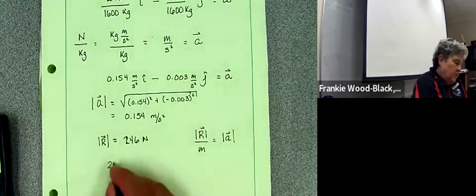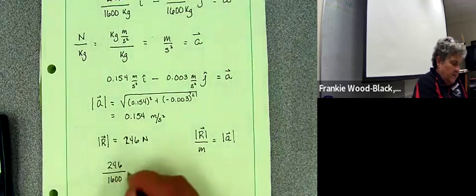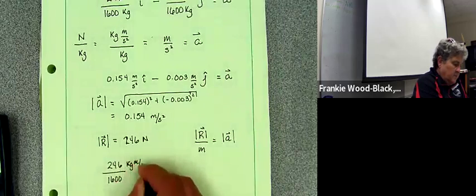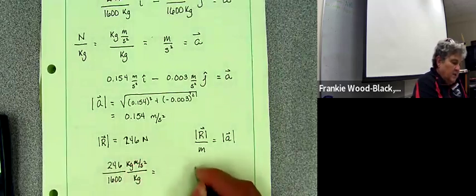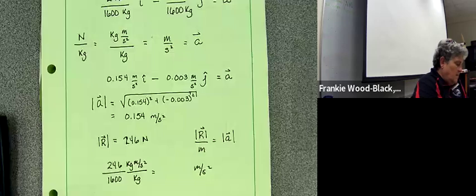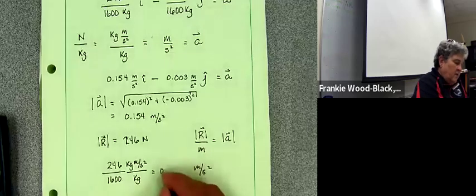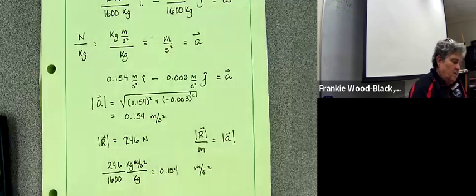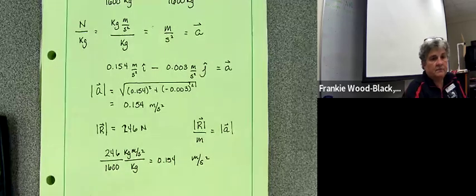That's 246 divided by 1600. Newtons, which are kilograms meters per second squared, divided by kilograms gives me meters per second squared. And I get 0.154 meters per second squared.